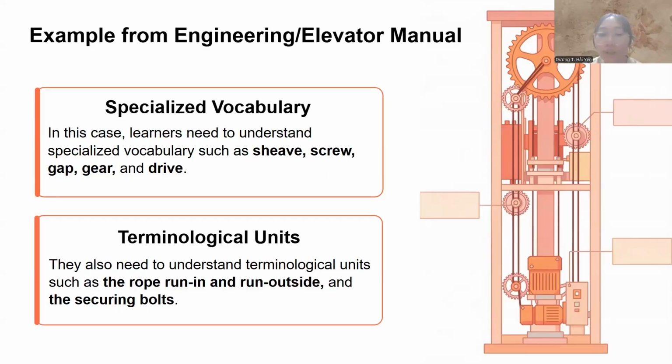And they also need to understand terminological units such as the rod run-in and run-out and the securing device. And this example shows that engineering ESP involves highly technical and field-specific language.